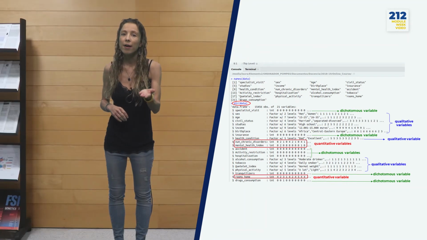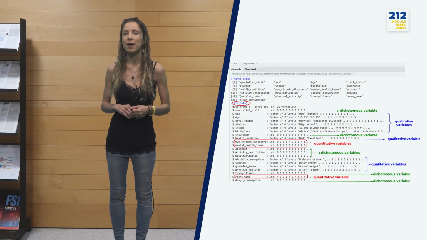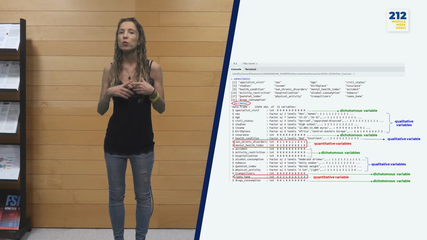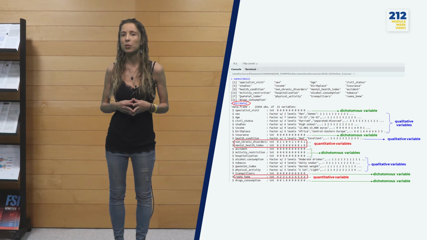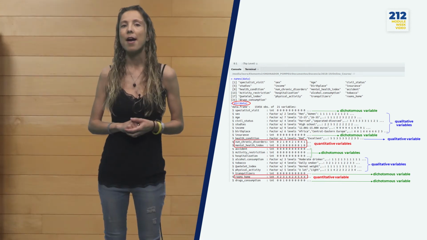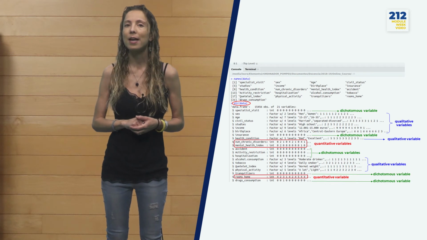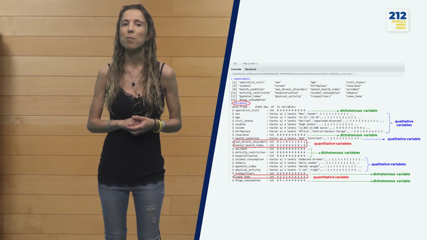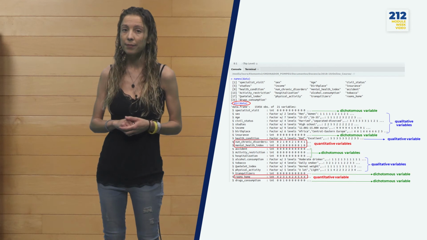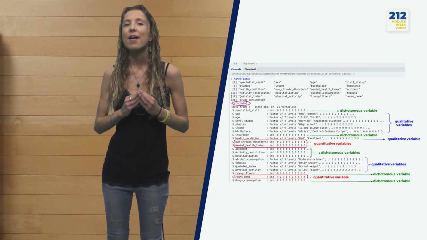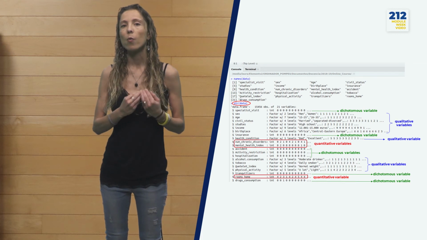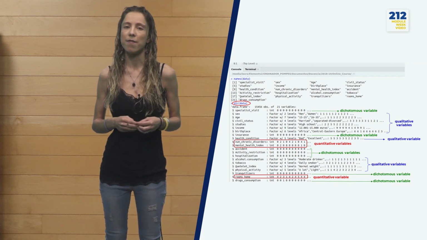On the one hand, there are qualitative variables, represented by factors such as sex, with 2 categories, age with 7 categories, or civil status with 4 categories. On the other hand, there are quantitative variables represented by int, which means integer. However, we have to be aware that among these integer variables, there are dichotomous variables which can be interpreted as qualitative variables.